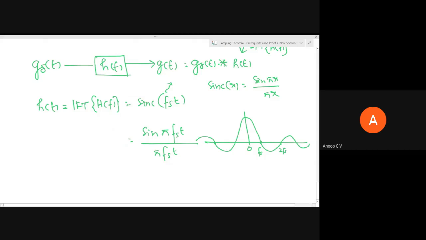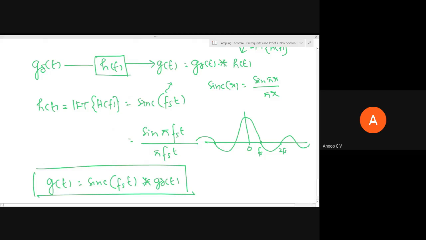So that will be the impulse response of the ideal reconstruction filter. So we can reconstruct g of t as sinc of fs times t convolved with g delta of t. This is how we can reconstruct.